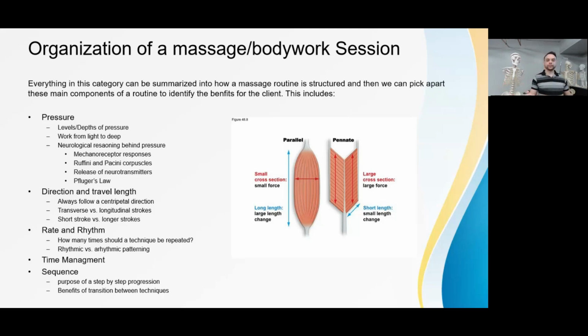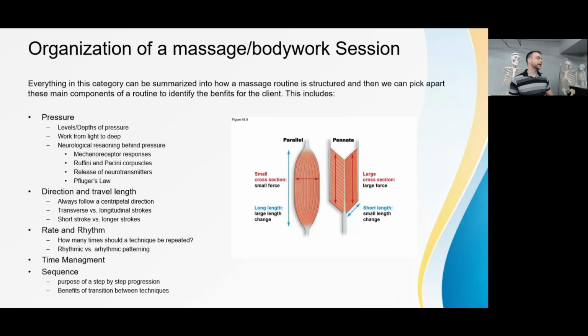And you always want to explain to a client that has a super specific focus that by focusing on these areas and incorporating the levels of pressure, right? If there's a really deep paraspinal muscle that I need to get to, it's going to take me a fair amount of time to get to that level with my pressure. And that time taken is going to take time from other areas.